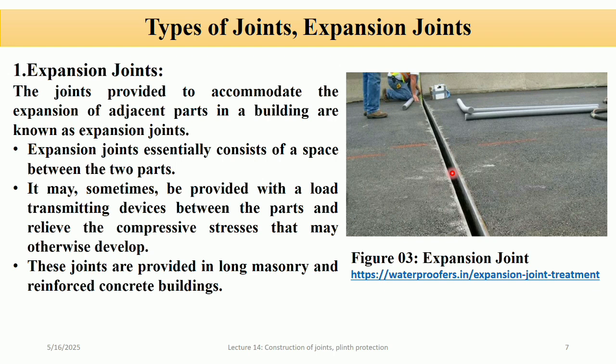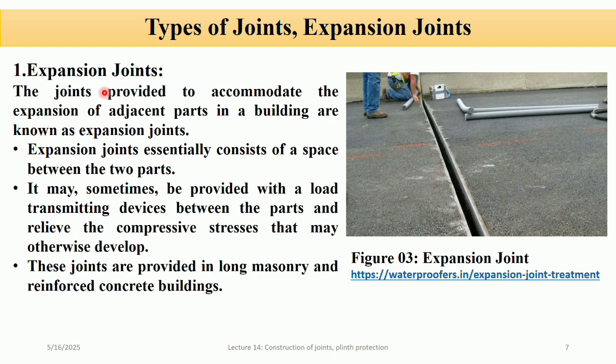These gaps allow each part to expand freely without pushing against the other. And sometimes there is a load transmitting device such as metal plates, dowels, or flexible material that helps transfer load across the joint while still allowing movement between the sections.